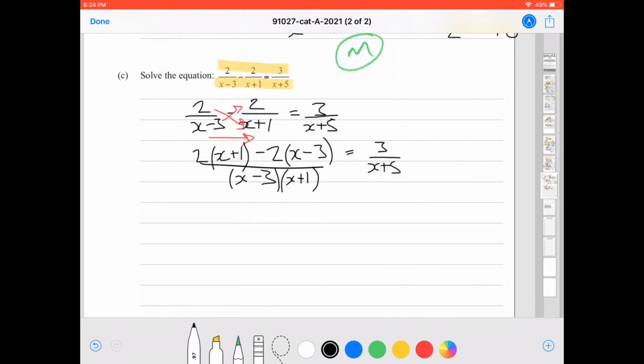We could put brackets in here, and in fact it's proper practice to put brackets here as well.